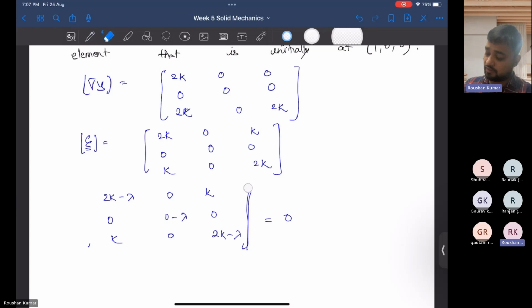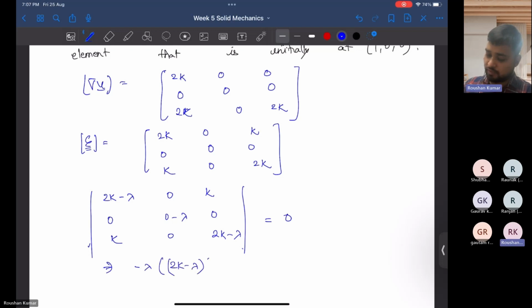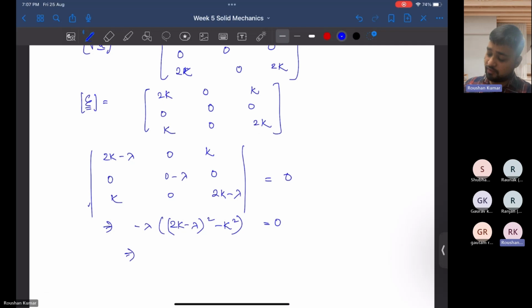It will give us minus lambda times ((2k minus lambda) whole square minus k square). So there are two possibilities here: lambda equal to 0 or this whole expression will be 0.